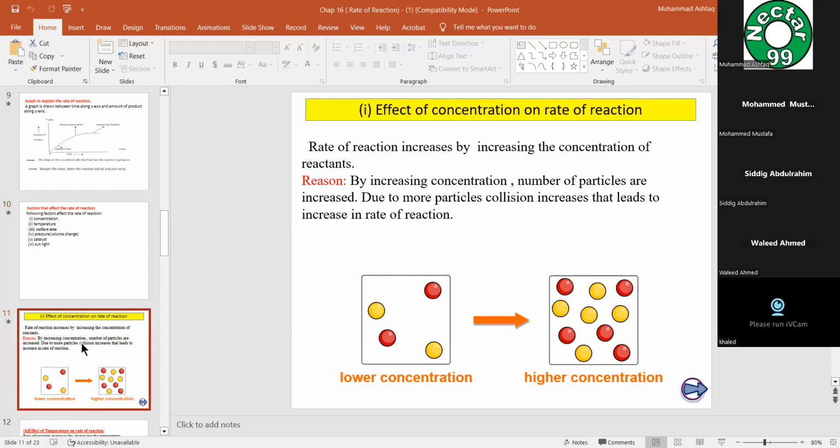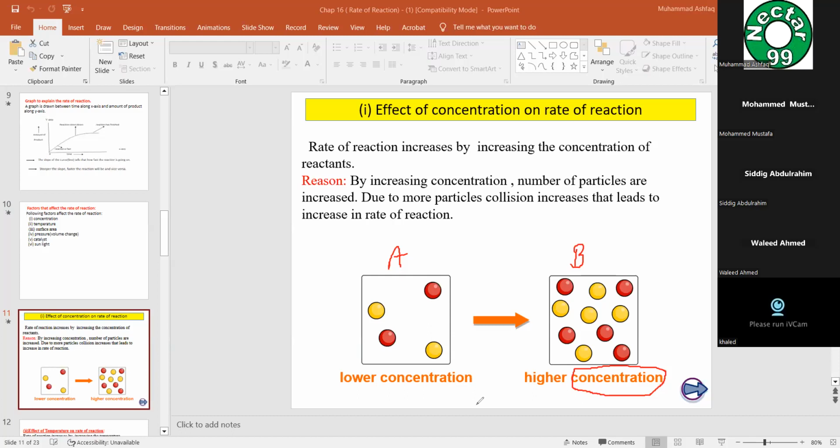So first, the effect of concentration. You can see here, box A and this is box B. If the amount is more, like here in box B, high concentration, the chance of collision is more. Understand? It means you can get the reaction easily, in a quicker, faster way.